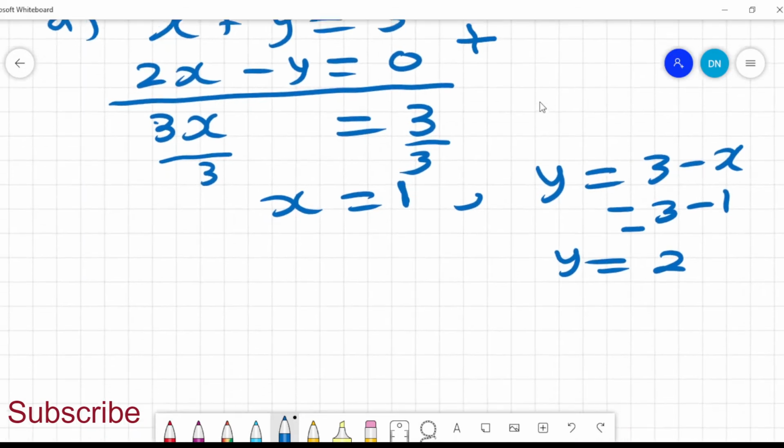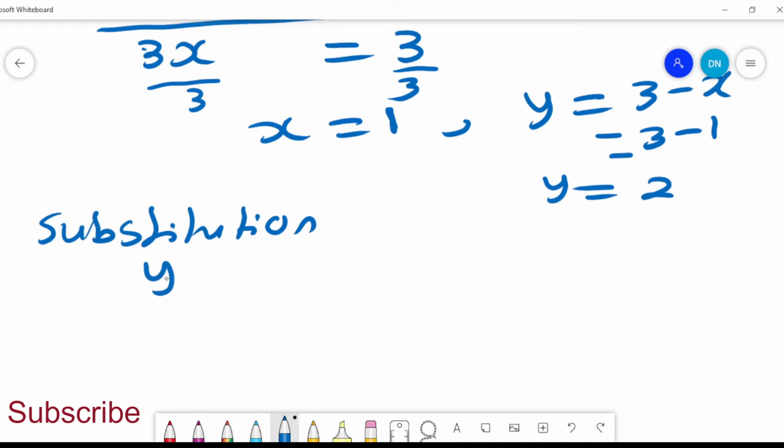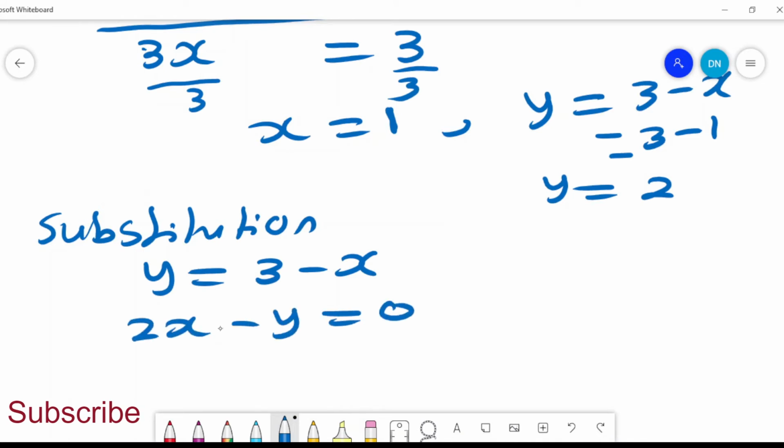I could solve the same equation using the substitution method. For the substitution method, we can write y as 3 minus x. Then in the second equation, we have 2x minus y is equal to 0. Whenever there is y, I'll replace it with this.